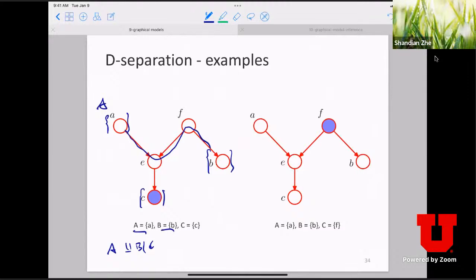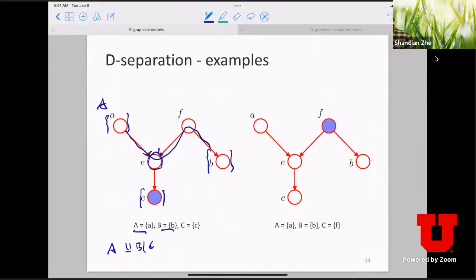So we can first look at E. The node E meets the head-to-head structure.